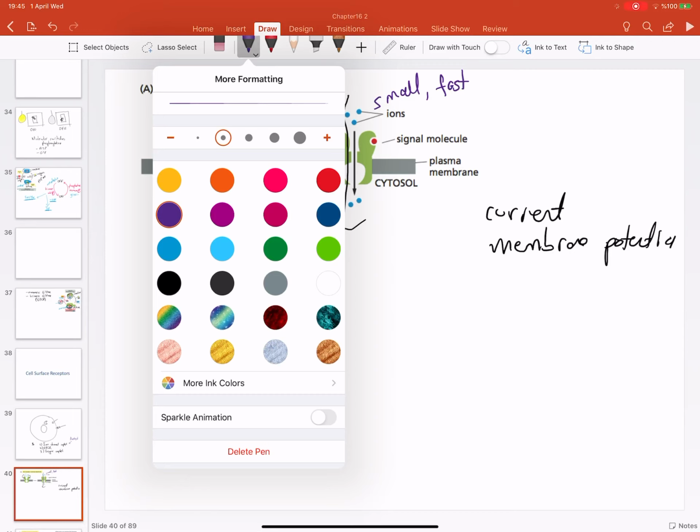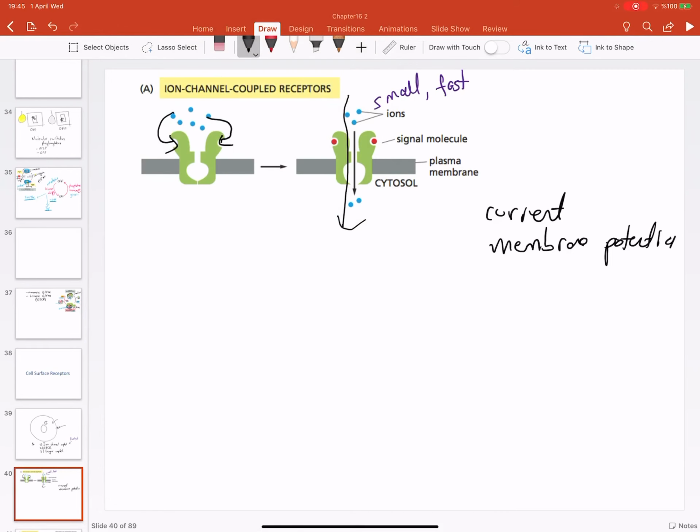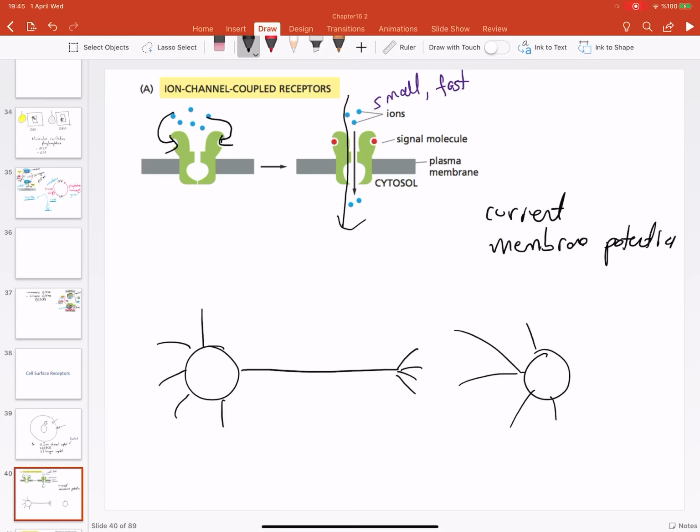This is why in the neurons, between two neurons, let's say this is a dendrite, this is the axon terminal, and another neuron with dendrites and another axon terminal, the synapse between the two of them has the ion channel coupled receptors.